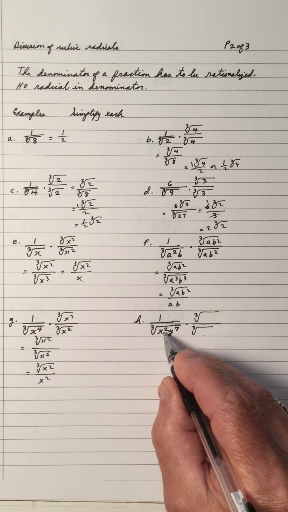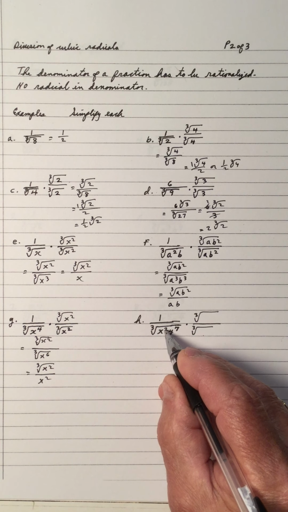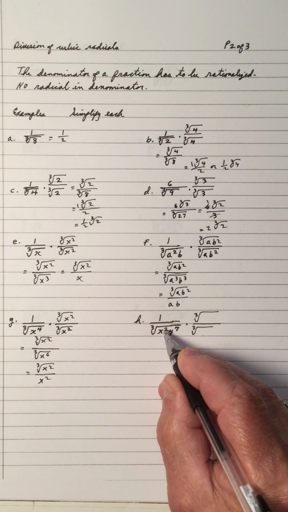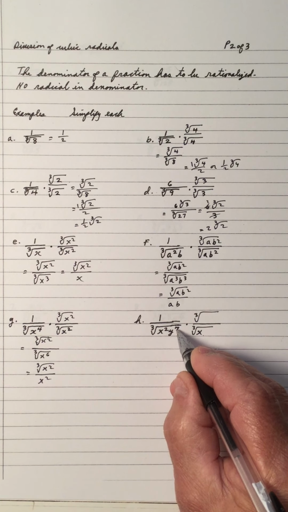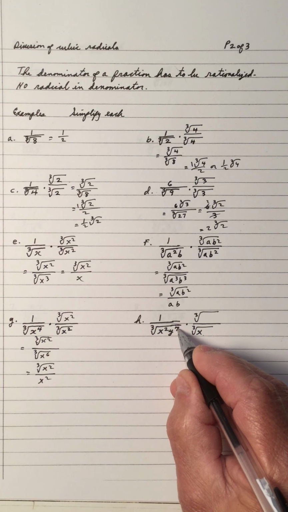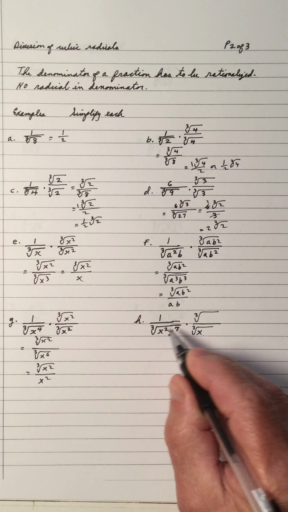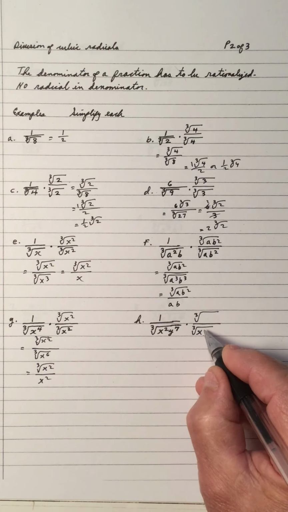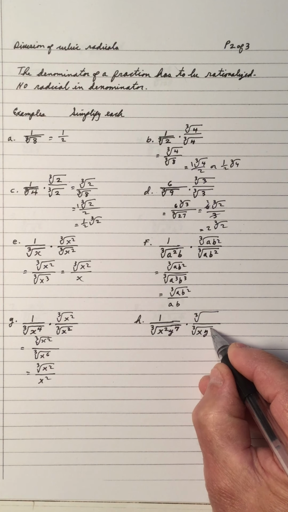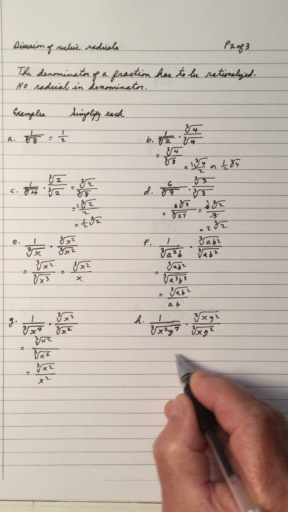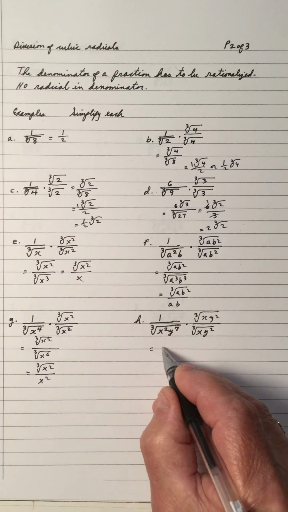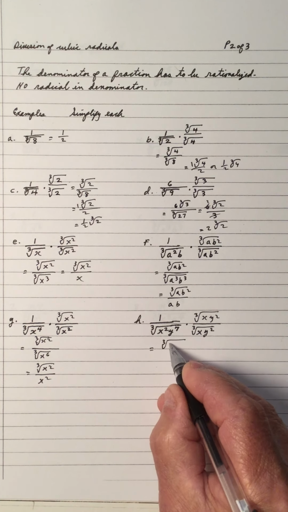So I need an exponent that's a multiple of 3. I have a 2, so I need 1 more x to make it x cubed. I have a 7. I need a multiple of 3, so the next higher one is 9. So I need 2 more. So x y squared on the top. When I multiply 1 by that, I get what I have there.